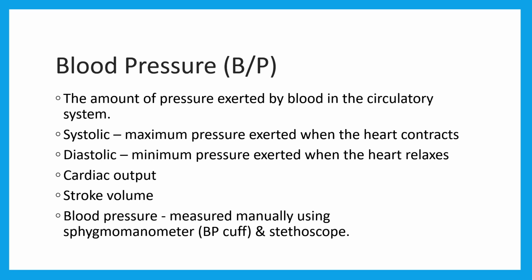A decrease in cardiac output will cause a decrease in the blood pressure. Peripheral vascular resistance. This is the ability of vessels to accommodate the increased blood flow without increasing the resistance or the blood pressure.